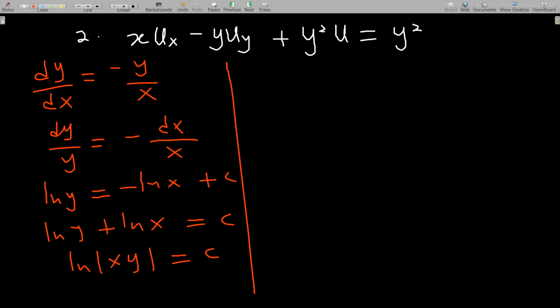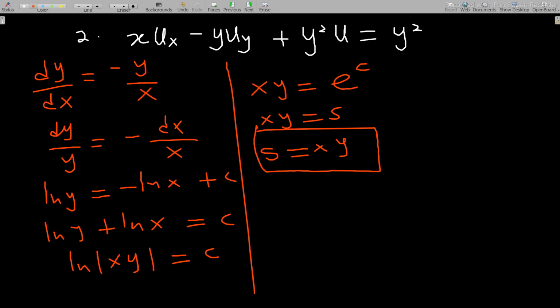Now I have xy should be equal to e to the power c, and c is a constant, so e to the power any number is still a constant. So I say xy should be equal to s, and this means that this will be an equation that will characterize the PDE given.